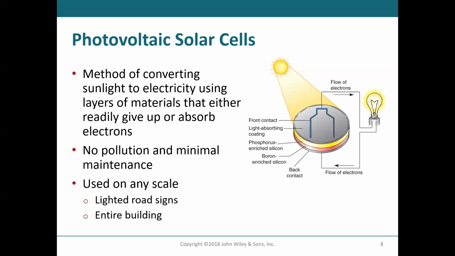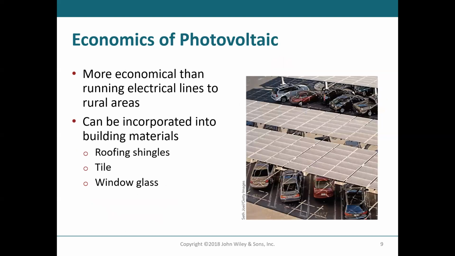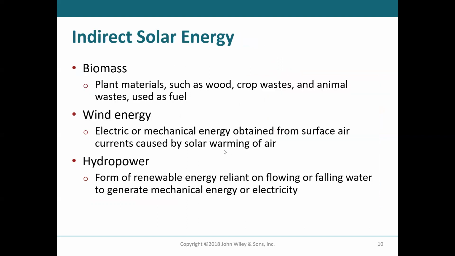These solar cells are also not very efficient. They only convert about 15 to 18% of solar energy to electricity. However, they can be incorporated into building materials like you see here and how I mentioned in Chapter 11's LEED building certification.